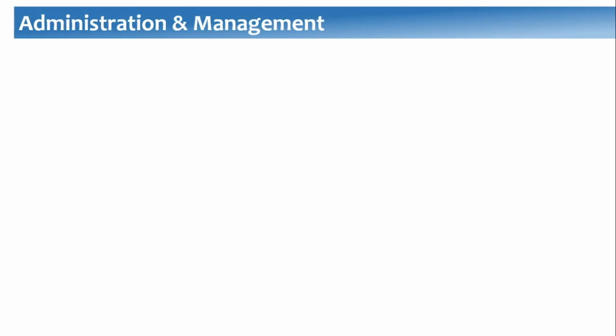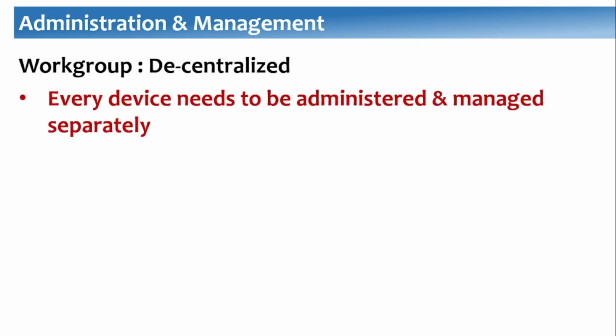The next point is administration and management. A workgroup always has decentralized administration and management, meaning every device needs to be administered and managed separately. Users on every device need to be administered and managed separately. In a domain network, everything is centralized.